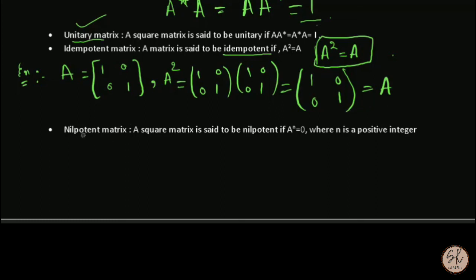Now the next matrix is the nilpotent matrix. A square matrix is said to be nilpotent if A to the power n is equal to 0, where n is any positive integer.